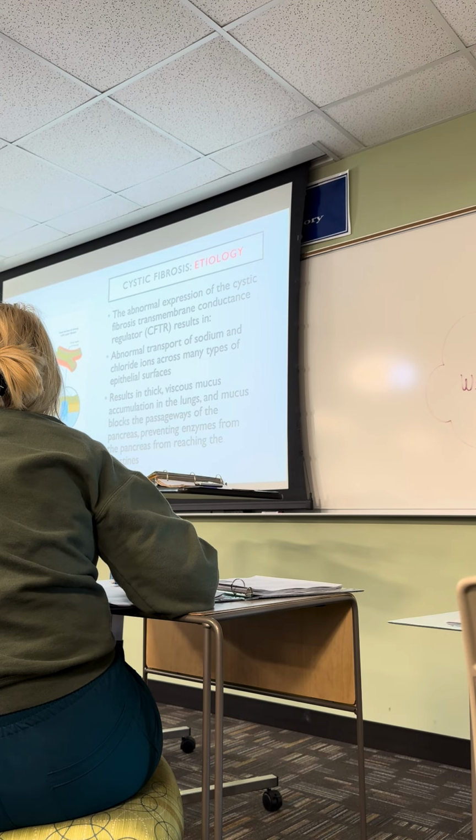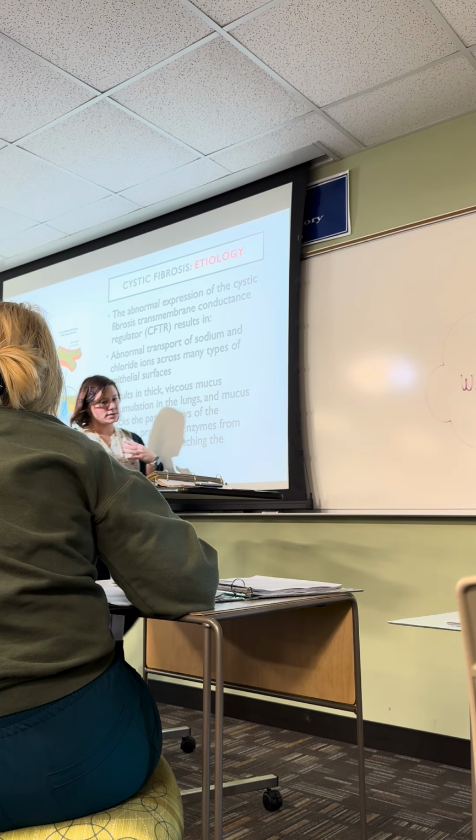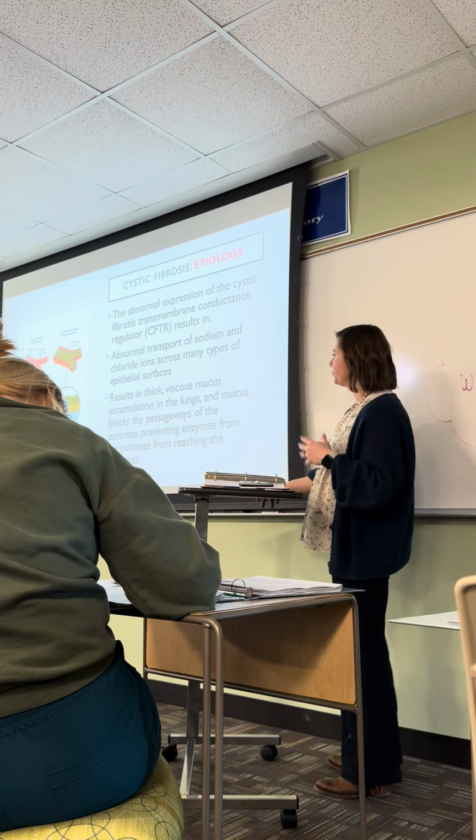So a lot of that sodium and chloride is trapped and not able to go out and thin out mucus and help with hydration. So what happens is it tends to get thick, and it causes a lot of inflammation, infection, and then plugging as well.